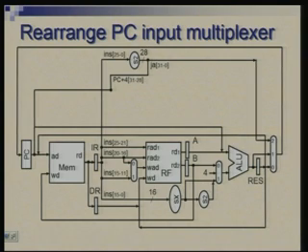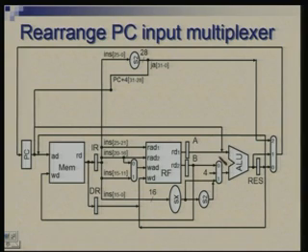Next we look at the multiplexer which is taking care of the first input of the ALU. The ALU has 2 inputs now. The first input comes from either register A, or it comes from the PC from here.